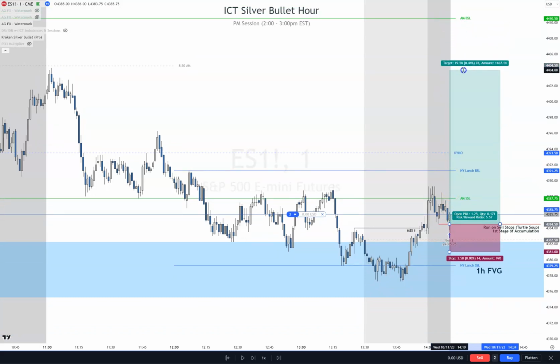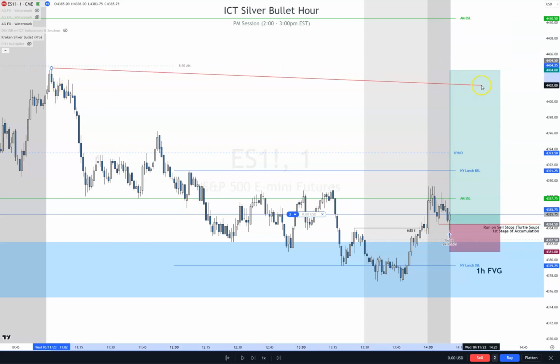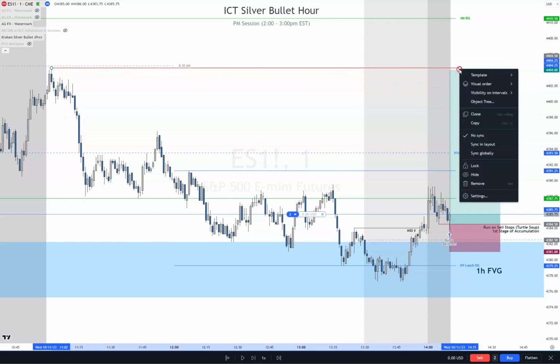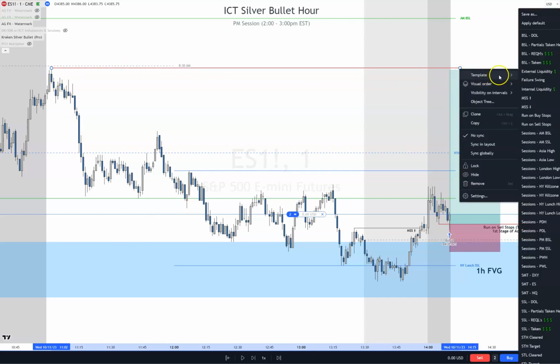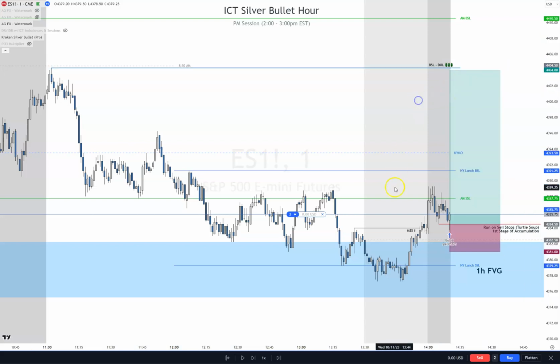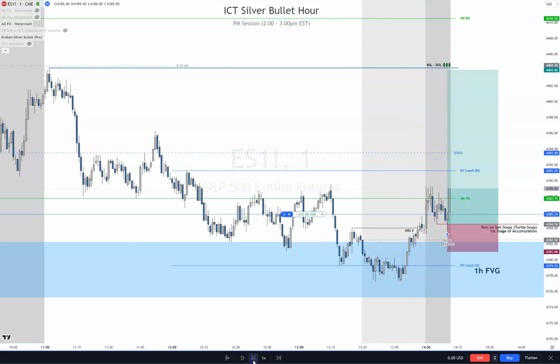But for this, let's target this high here. Let's mark that off as buy side draw on liquidity. Okay. That's turtle soup entry right there.